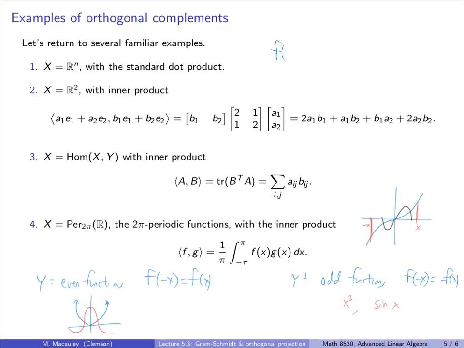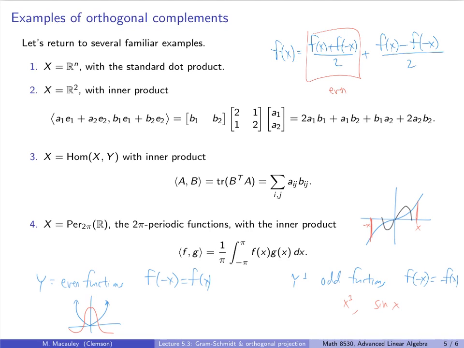If you take f of x, I claim I can write it as f of x plus f of negative x over 2, plus f of x minus f of negative x over 2. This, by construction, is even.